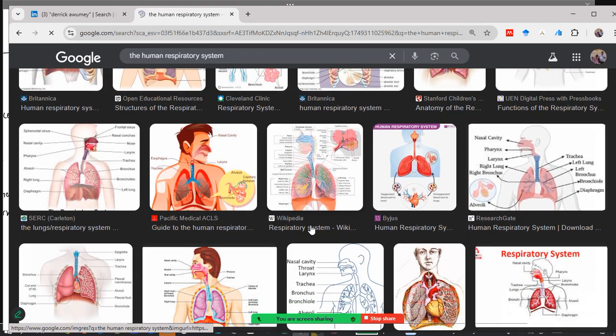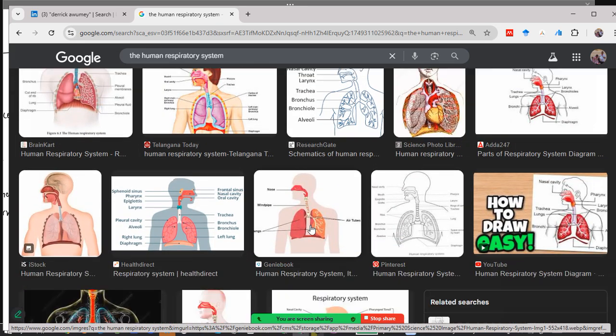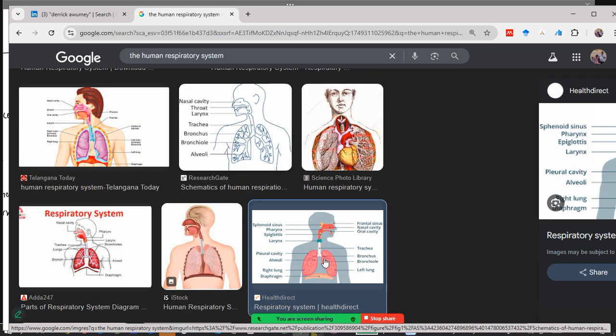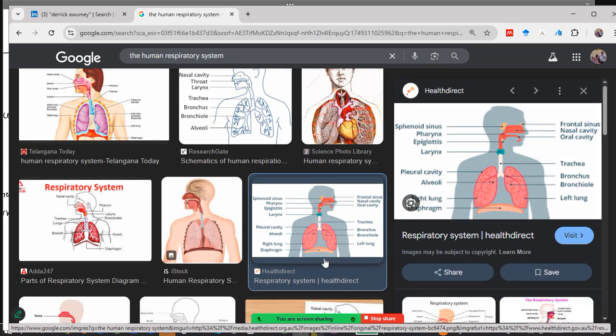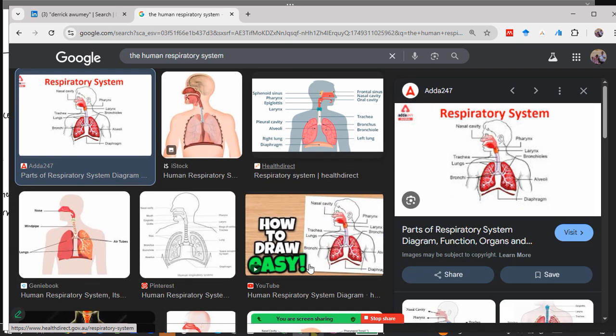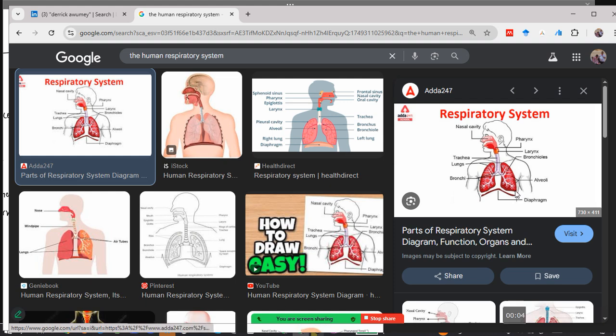So let me get a nice image that we can talk about. I don't want anything complex. Yes, I think this one will be okay for us.